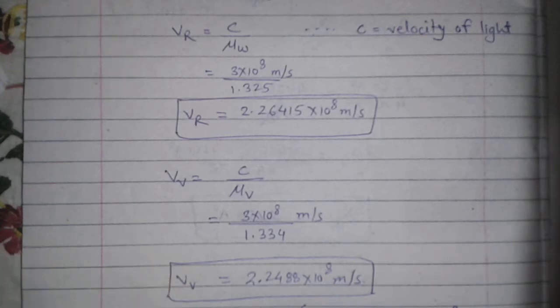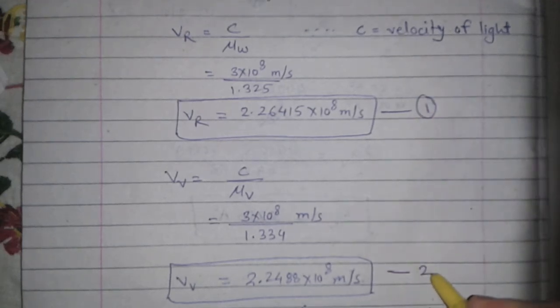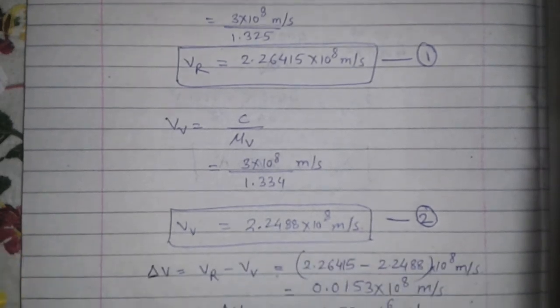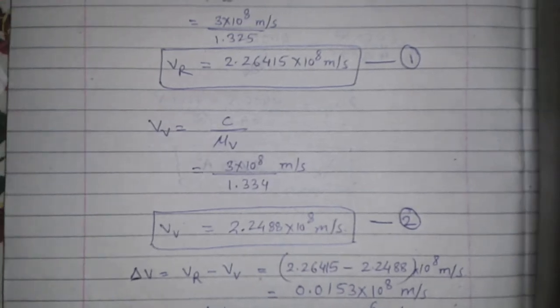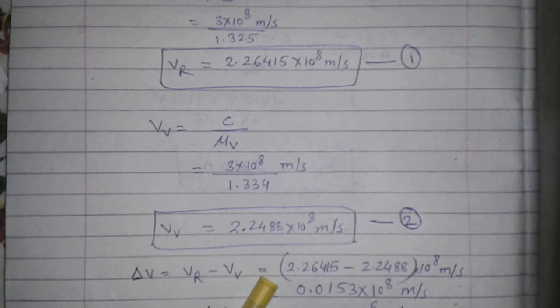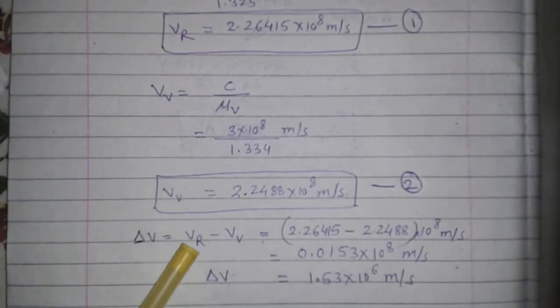So on subtracting equation number 1 from equation number 2, we will get delta V is equal to Vr minus Vv, that is equal to 2.26415 minus 2.2488 into 10 raised to 8 meter per second, that is 0.0153 into 10 raised to 8 meter per second.